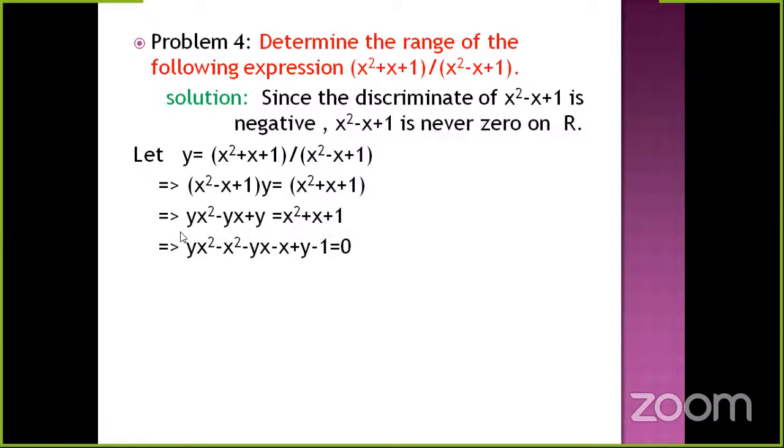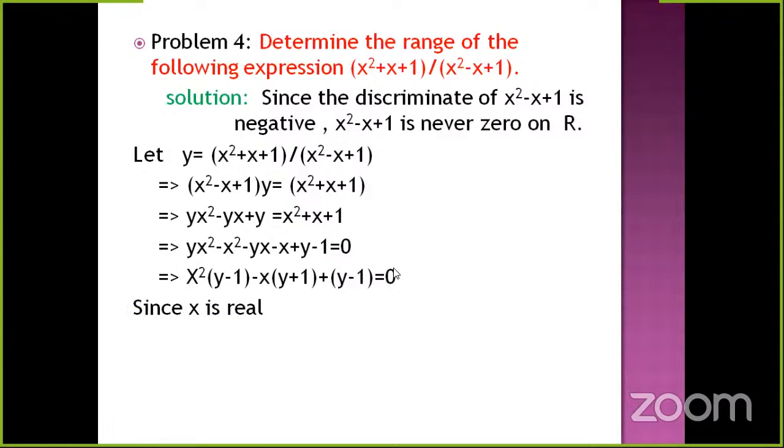Bringing the RHS to the LHS, I will get yx square minus x square minus yx minus x plus y minus 1 equal to 0. Taking x square common in the first two terms, I get x square into y minus 1. And taking x common from the third and fourth terms, I get minus x into y plus 1, plus y minus 1.